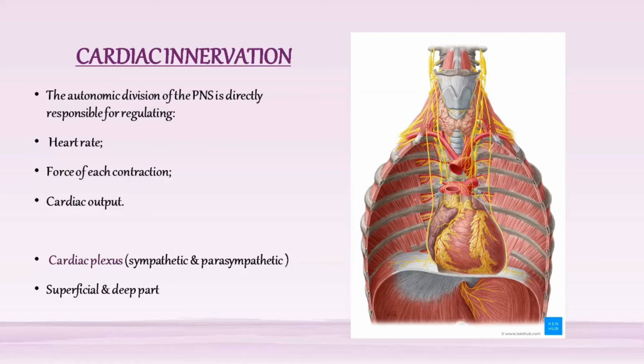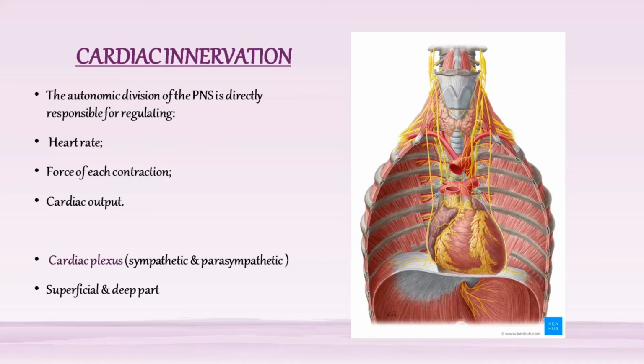Now both the sympathetic and parasympathetic divisions of the autonomic nervous system are responsible for regulating heart rate, force of each contraction and cardiac output.